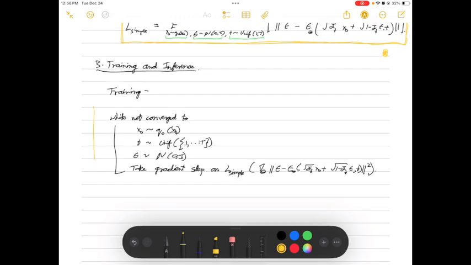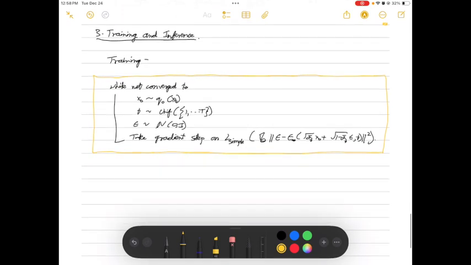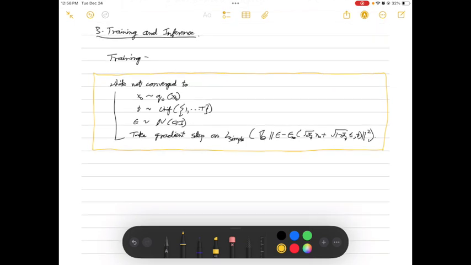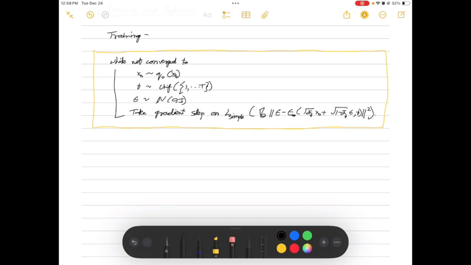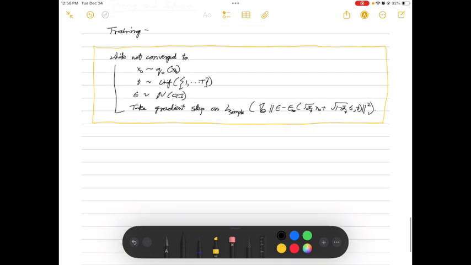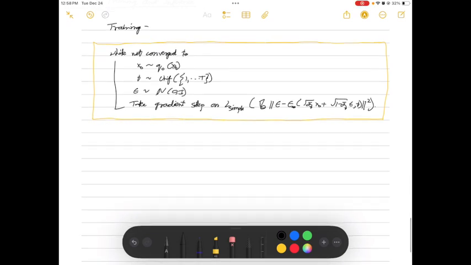So let's put that in a box. So that's how we train the DDPM model. Now let's look at the sampling, which will require us to run the Markov chain backward.